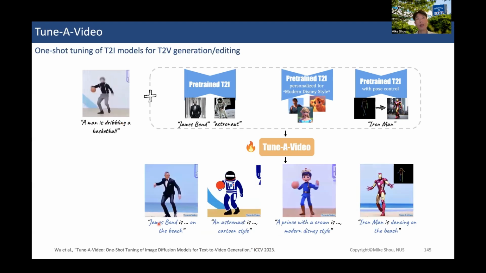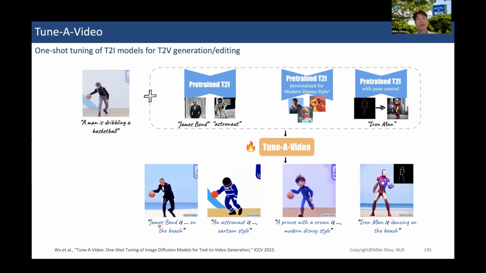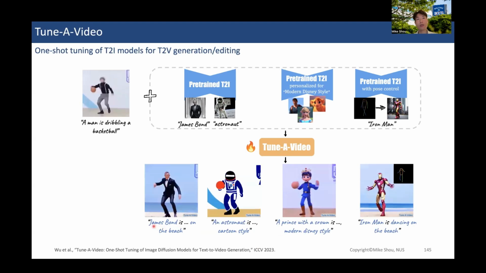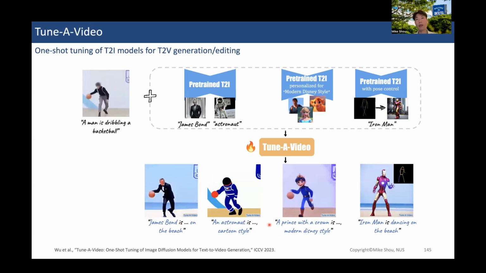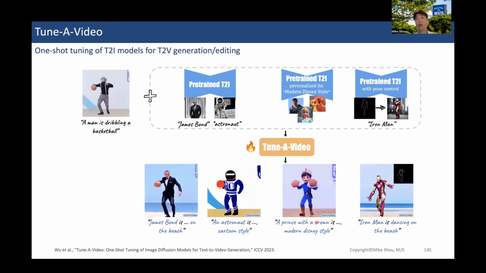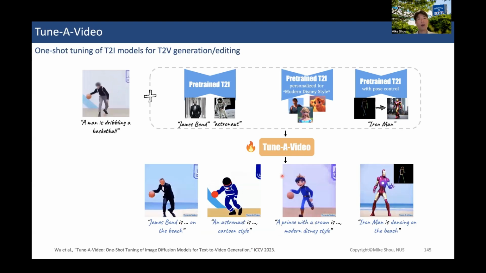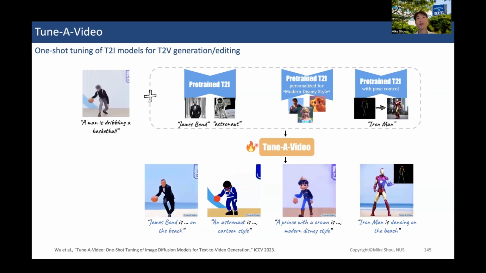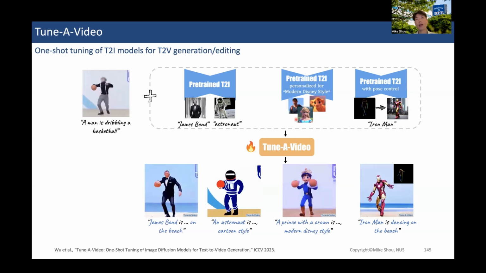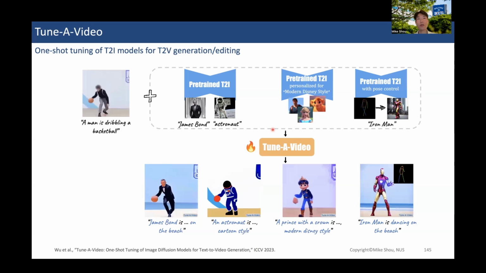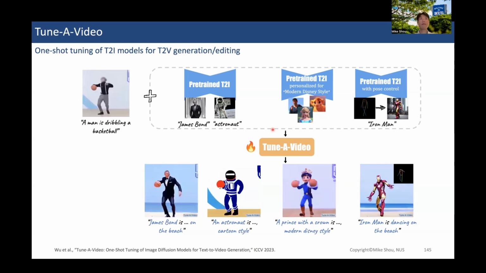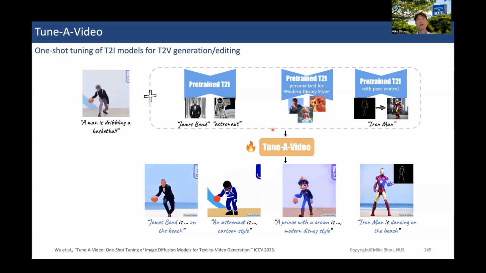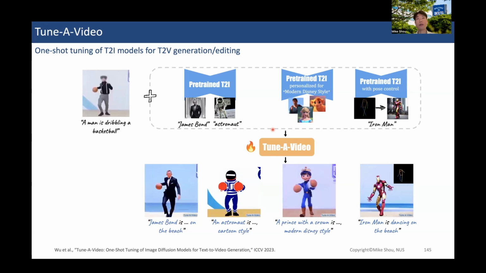Then when we modify the text prompt, like changing it to James Bond or a prince with a crown, it can accordingly modify the content in the video. This requires us to change the video diffusion model somehow, but the nice thing is that we only need to tune on this one single video.